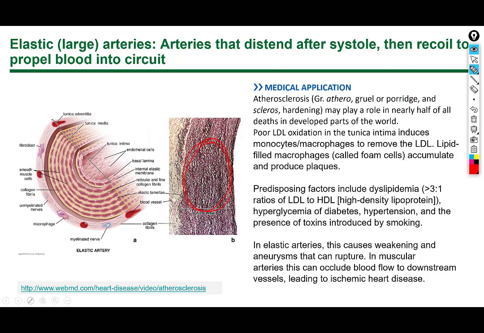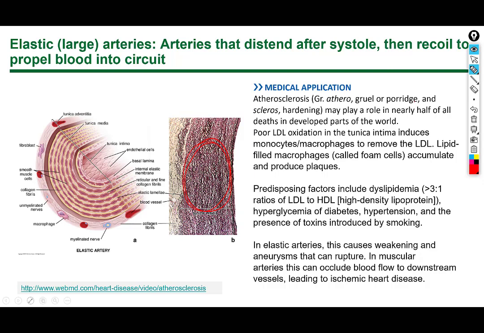So in areas that are developed where access to cholesterol and fatty foods is really high, and also lots of sugar, we have no problem getting calories in the developed world. In fact, there's too many of them. Basically, low-density lipoproteins are supposed to travel and drop off lipids, and then the protein portion is going to go back to the liver and pick up more lipids. That's ideal.